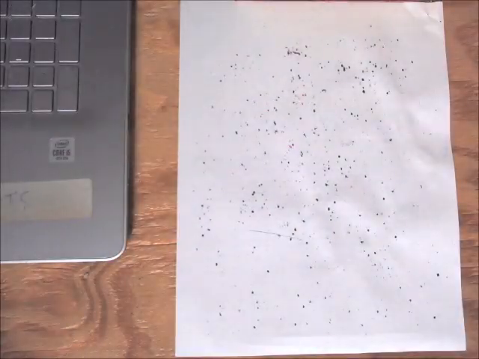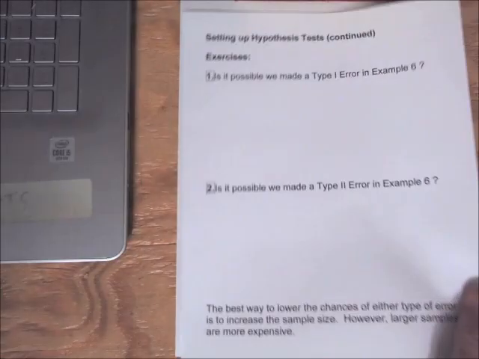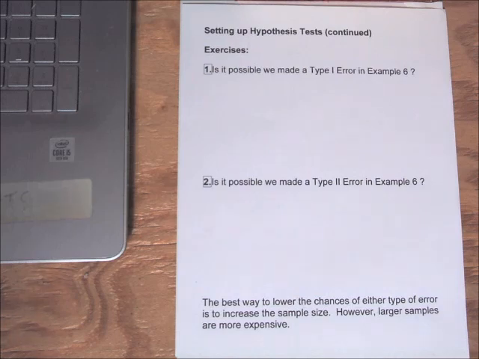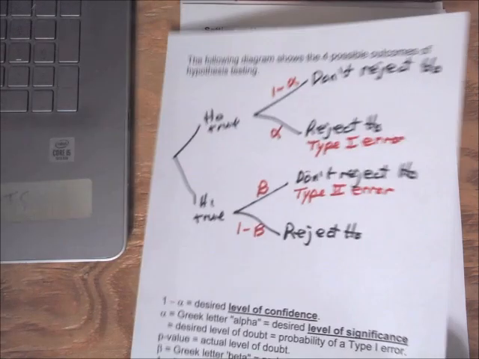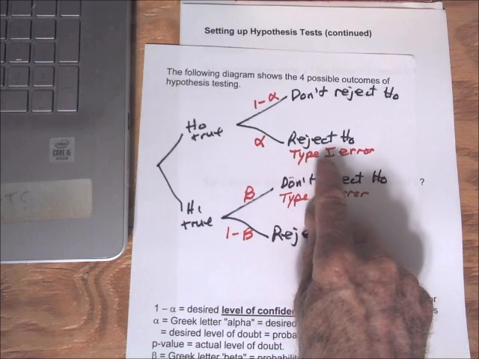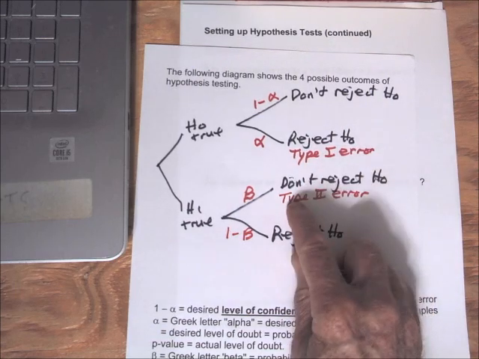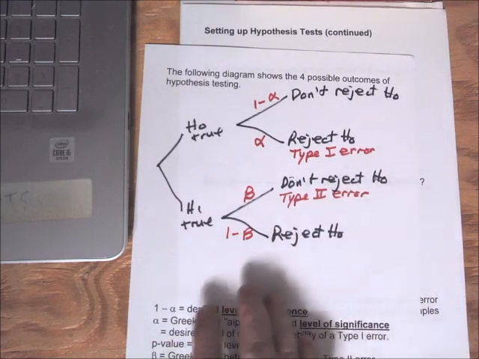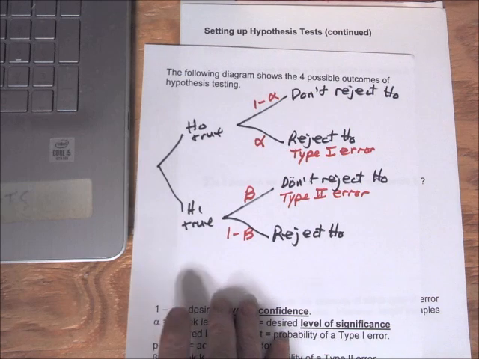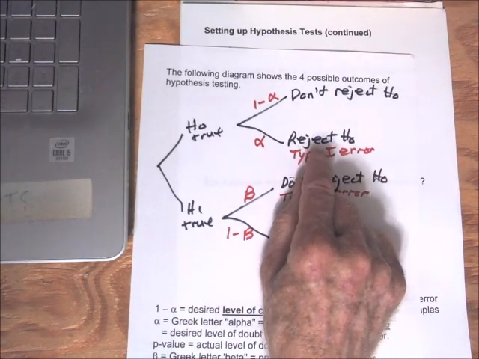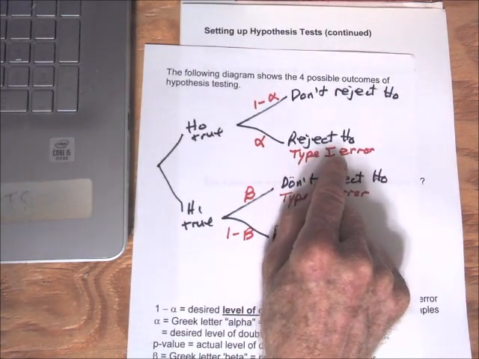Okay, so some exercises. Is it possible we made a type 1 error in example 6? So in example 6 we did not reject H naught. So we would not have made a type 1 error. Possibly we made a type 2 error. But if you reject H naught, you take a chance of making a type 1 error.